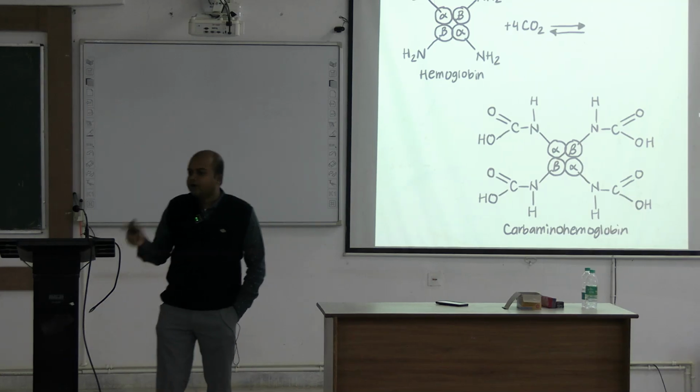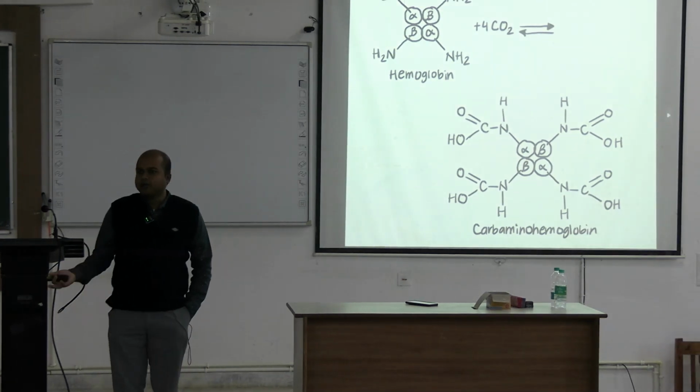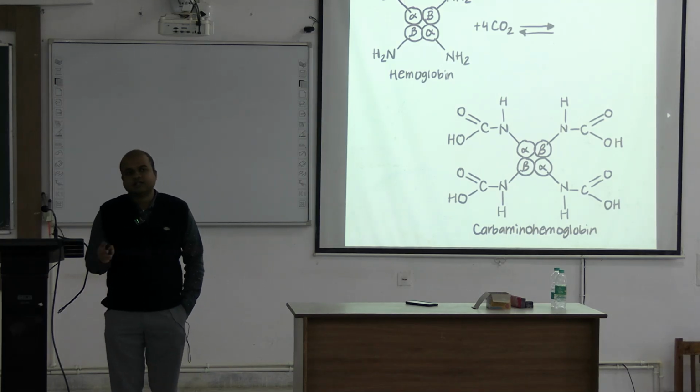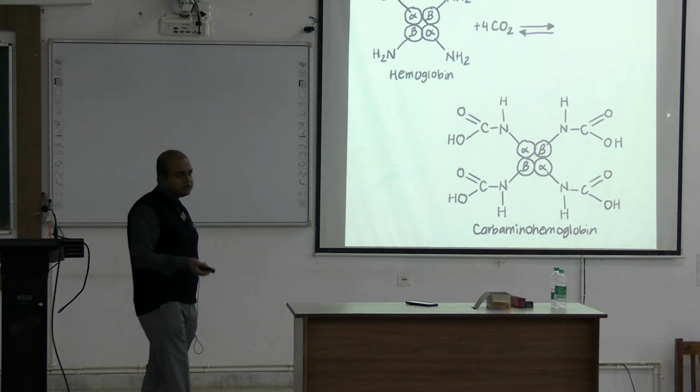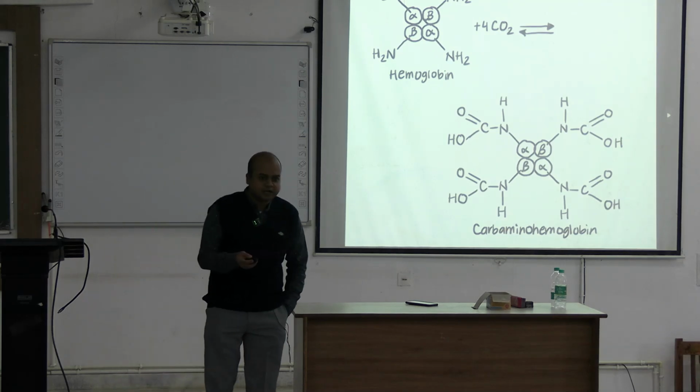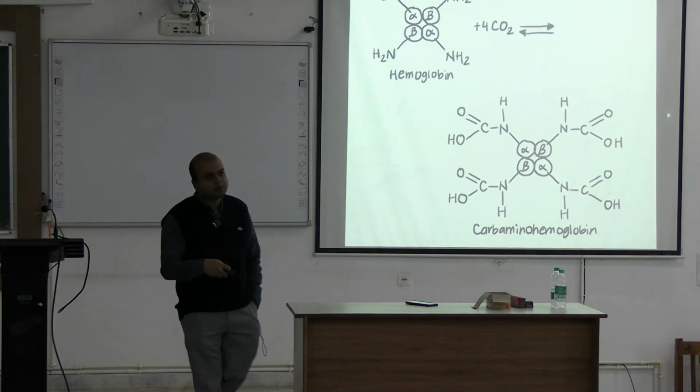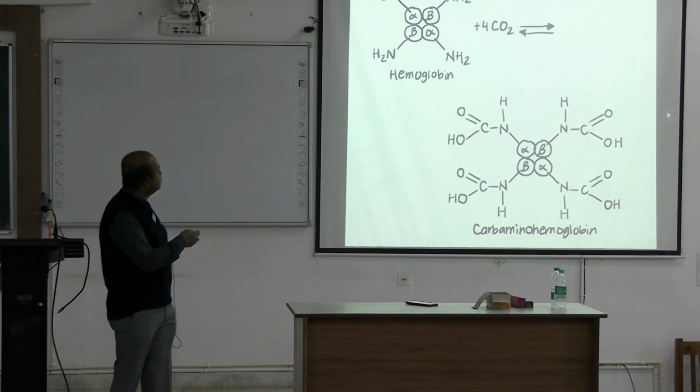It may help you tackle MCQs, and you may write this wherever you feel it is relevant. Don't write irrelevant things in the exam. Globin is required for attachment to carbon dioxide, forming carbamino hemoglobin through NH2 amino groups.